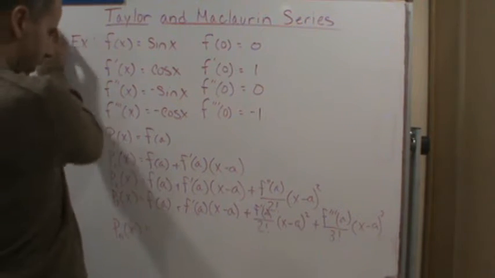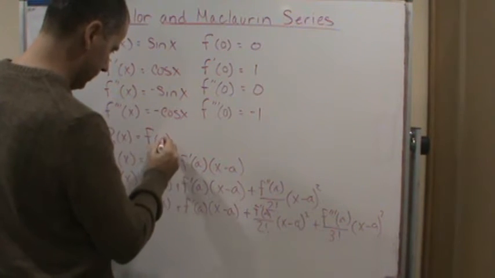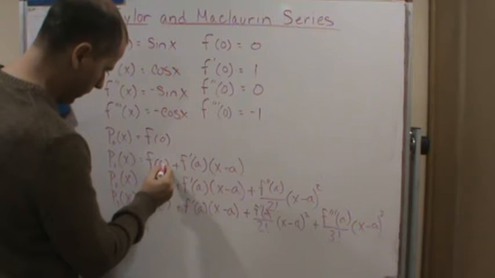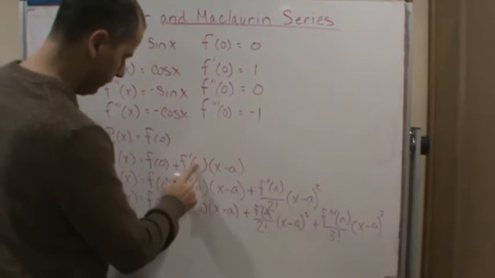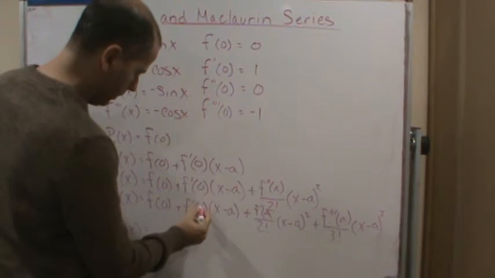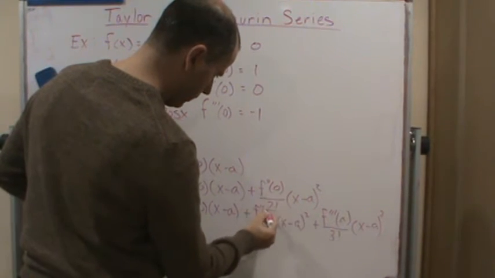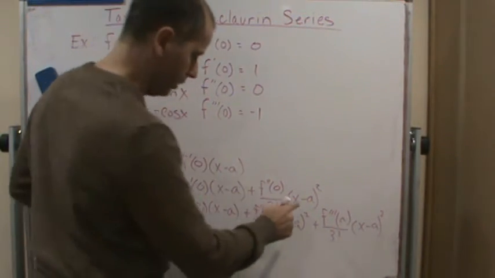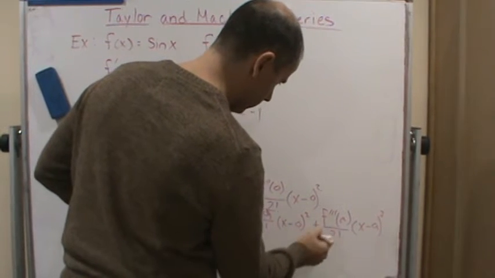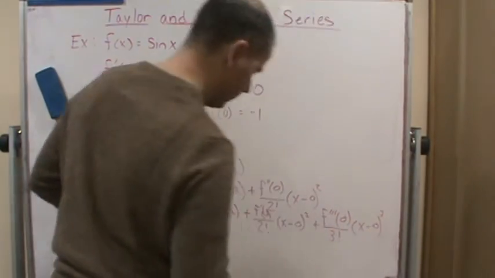So all of this just becomes 0, right? So this becomes 0. So all of these become 0, right? So I'm just going to replace these with zeros. 0, 0, 0, 0, 0, 0.